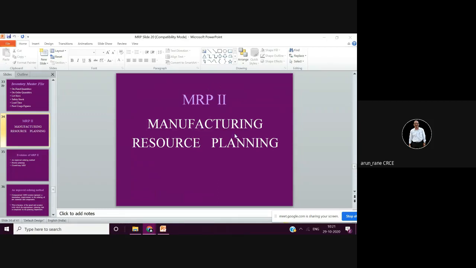Now MRP2 is your manufacturing resource planning. Most of the time students are confused with MRP2. They try to relate it with material requirement planning, but MRP2 is not material requirement planning; it is manufacturing resource planning.